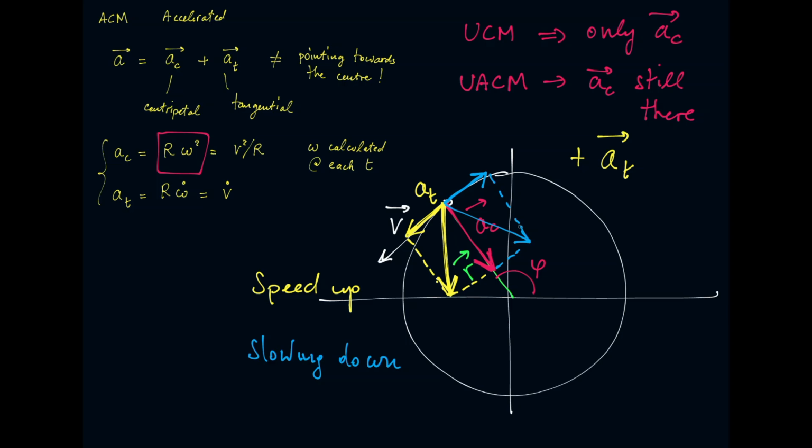It only depends on how fast you're going, angular velocity or speed. Whereas the tangential component does depend on the change of speed or the change of angular velocity. This is, by the way, also equal to r alpha, because we called omega dot, the second derivative of phi, alpha.